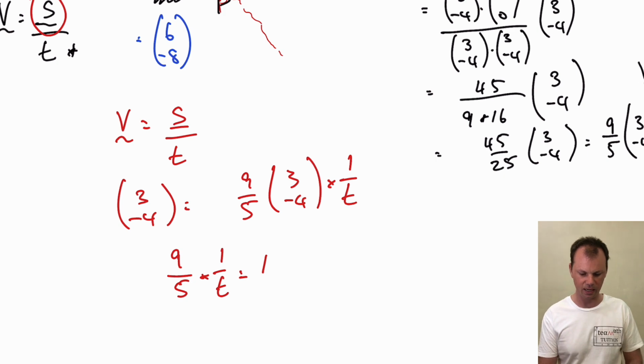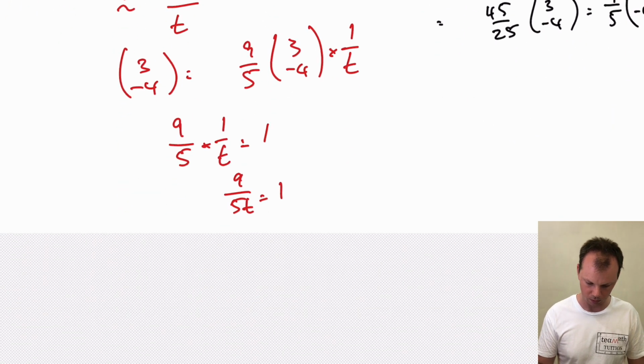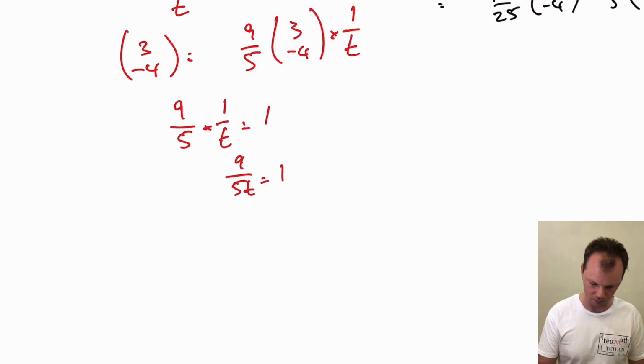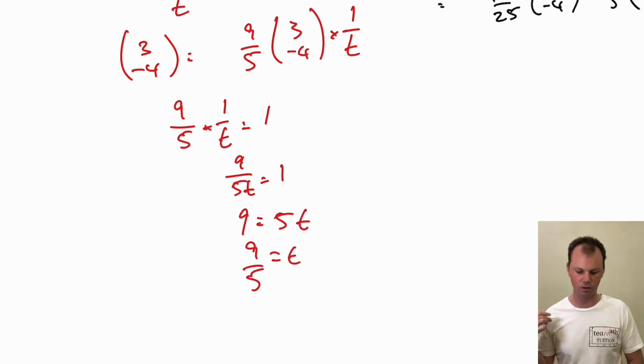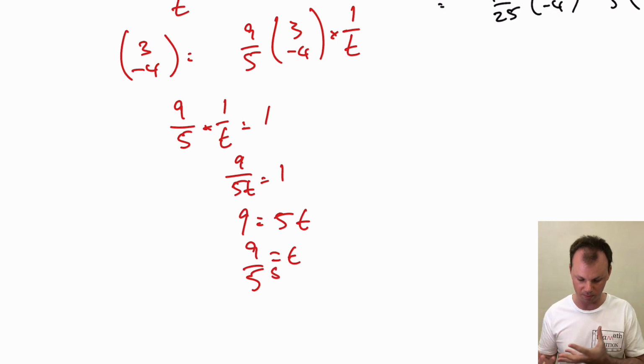So we get 9 equals 5t, t equals 9 on 5. So that's how many seconds until the two particles meet.